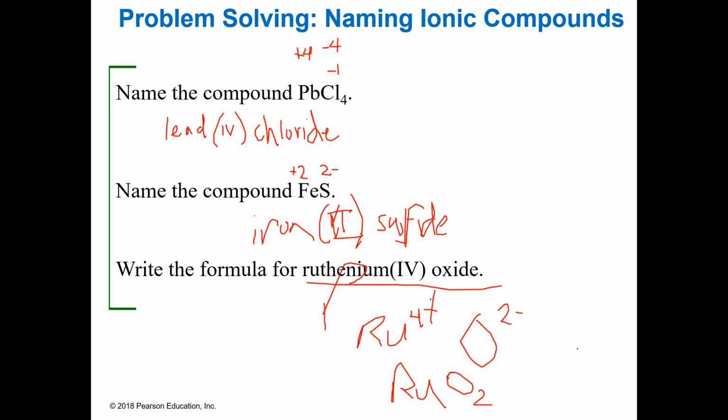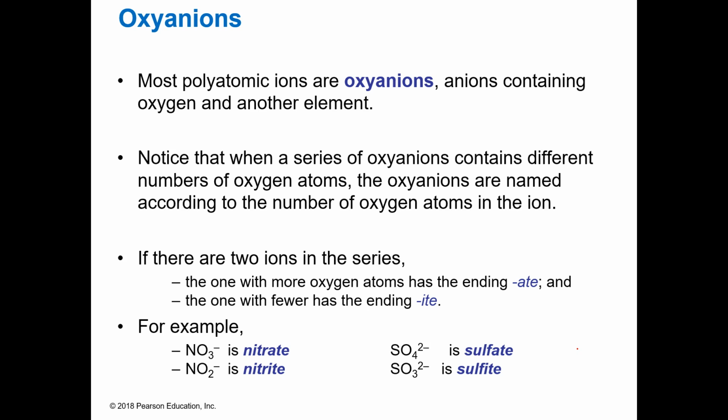Okay. Another type of ionic compound is one that includes what we call a polyatomic ion. A polyatomic ion is a group of atoms that are bonded together covalently but hold a charge. For example, here, NO3 to the -1.